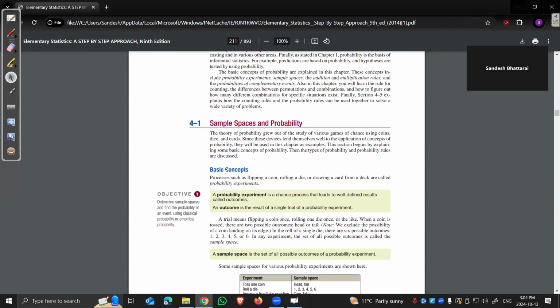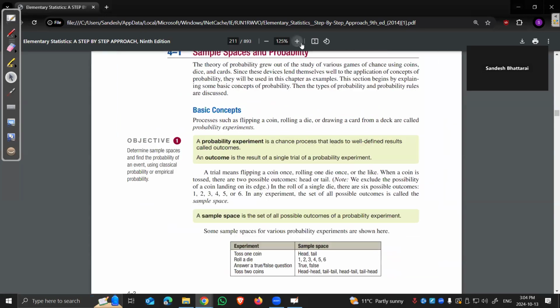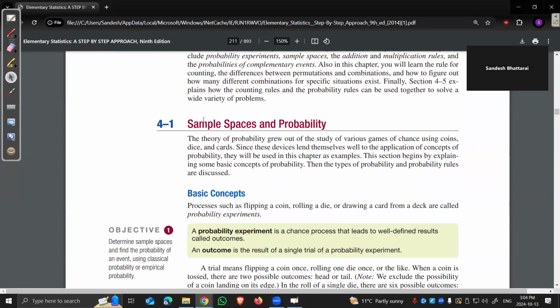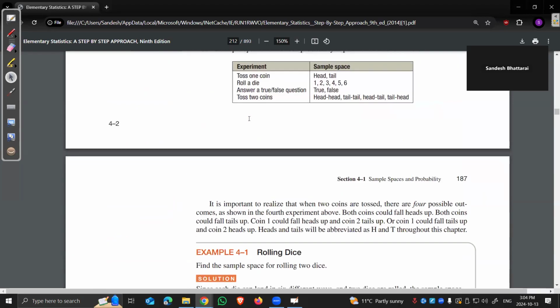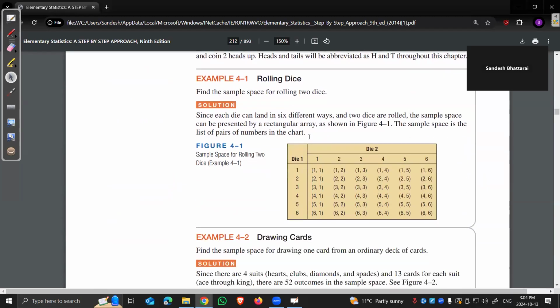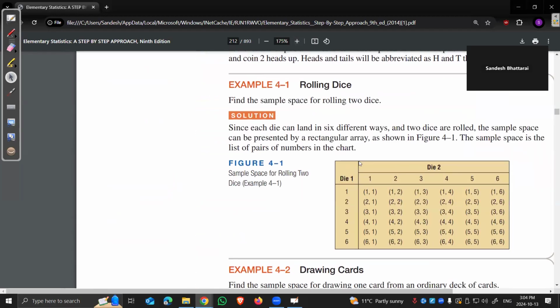All right, probabilities. So the first term here that comes up is the sample space. Now, sample space is the group of outcomes that's possible. That's kind of hard to define in terms of words, but in terms of a question itself, if you roll two different dice, right?